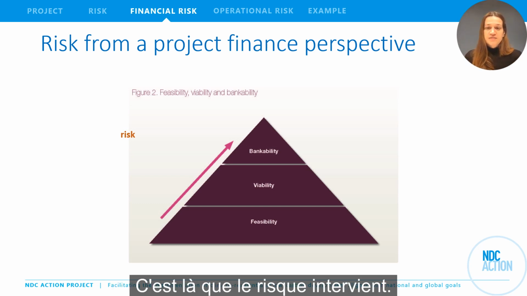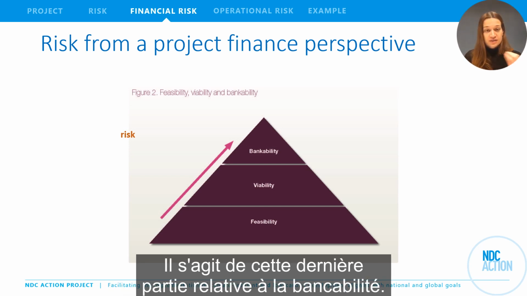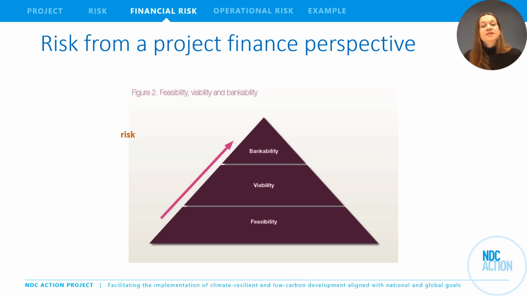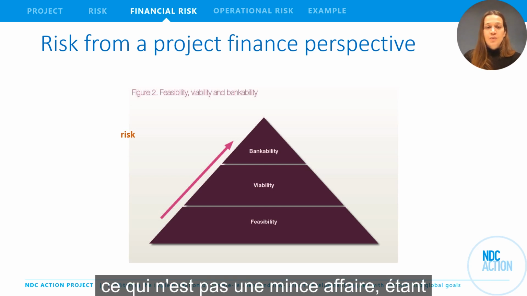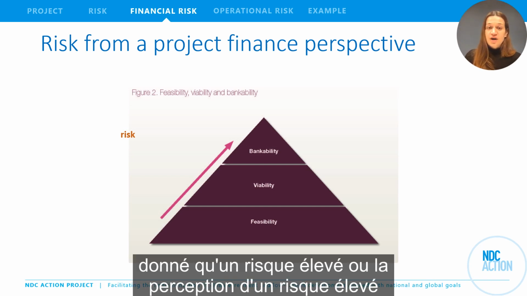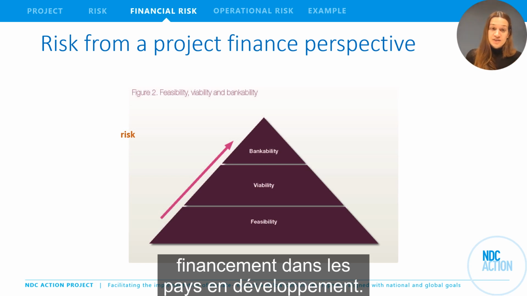Here's where risk comes in. Financial risk. Most financial structuring is about comforting the financiers. It's about this latter part, about bankability. And to attain bankability of a project, we need to minimize risk, which is no small feat, as high risk or high risk perception drives the high cost of financing in developing countries.